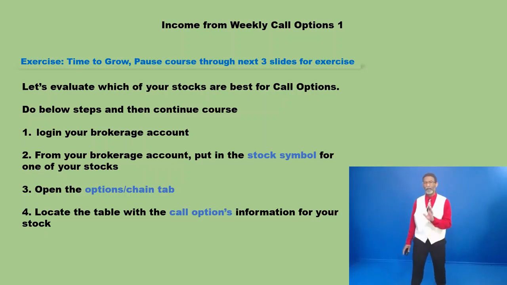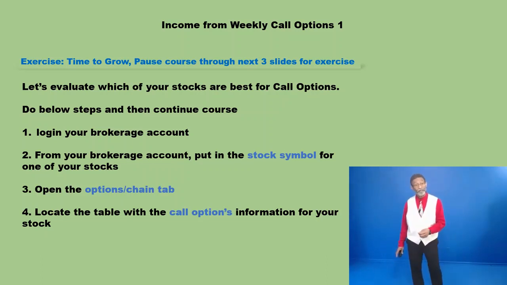Now, it will be in different places in different brokerage accounts, but the goal is to learn how to navigate in your particular brokerage account and find how to execute trades and where the information is located.